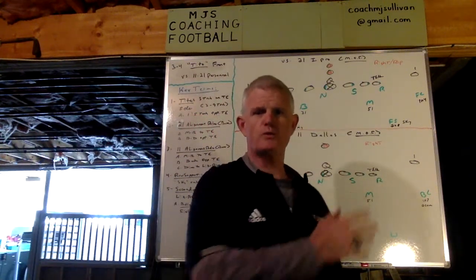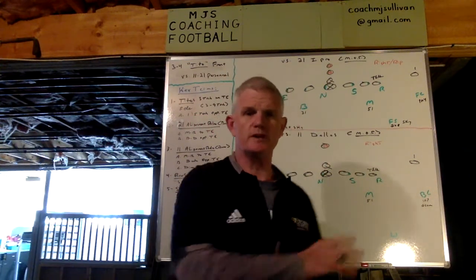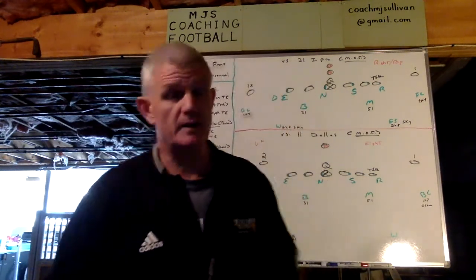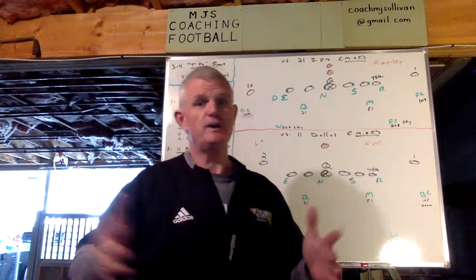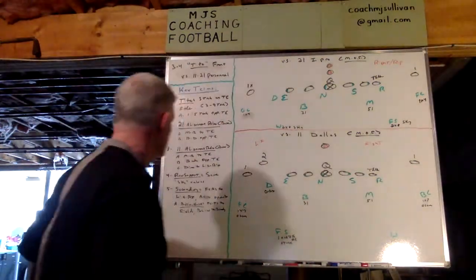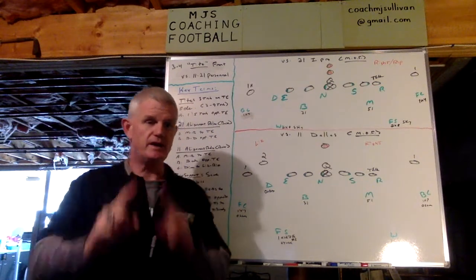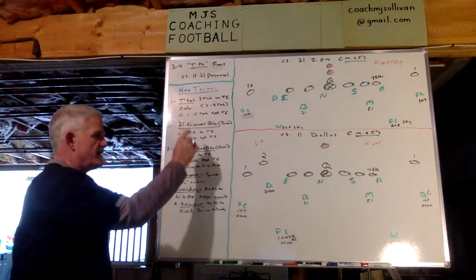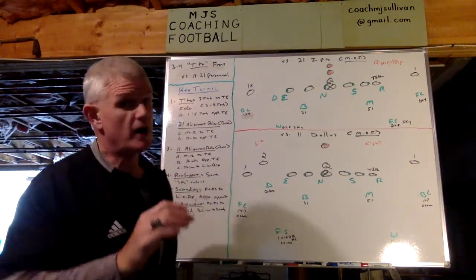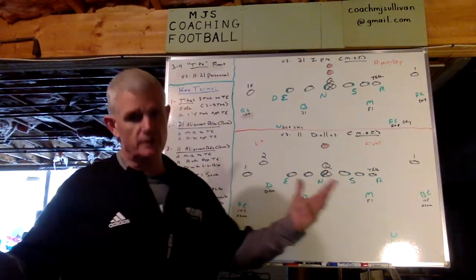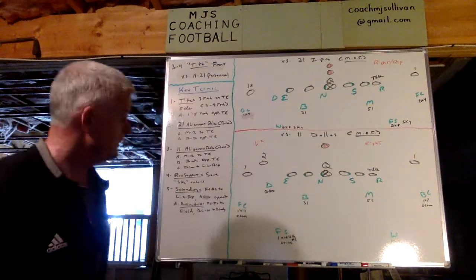So I'll go over that with you in the 11 portion of the diagram. That part of the way we handle things in base is the reason for that. So the only difference between 21 and 11 is the dime does not travel automatically with the backer. Okay, and when I show you that, it should make sense as to why.